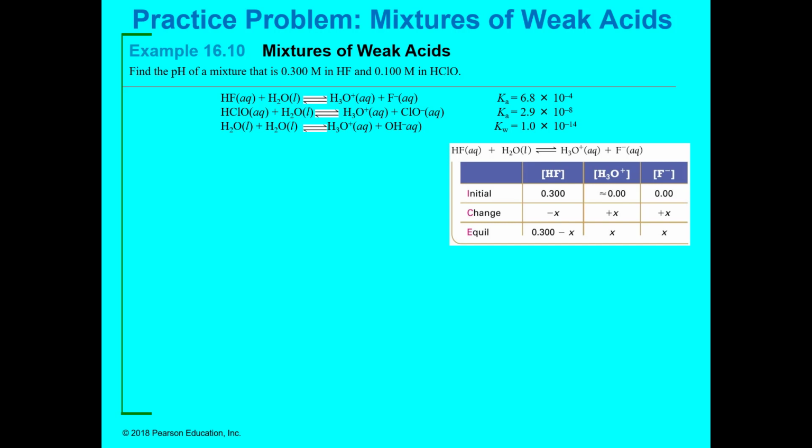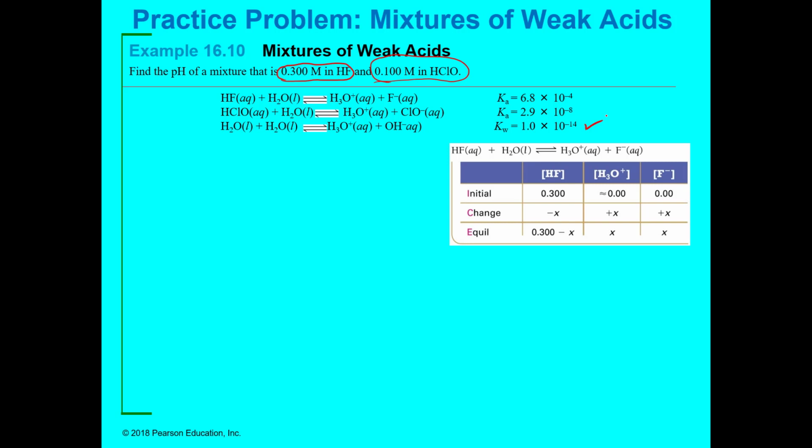All right, we're mixing. We've got 0.3 molar HF, okay, and 0.1 molar HClO. All right, so there are three things in this solution that could be impacting what's going on here. We've got the autoionization of water, which is 10 to the minus 14. Tiny, tiny, tiny. It's not going to do anything, okay?